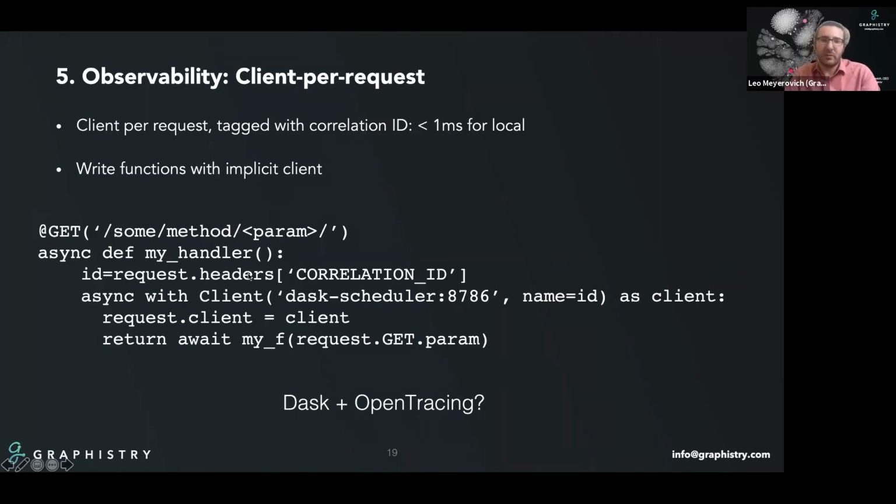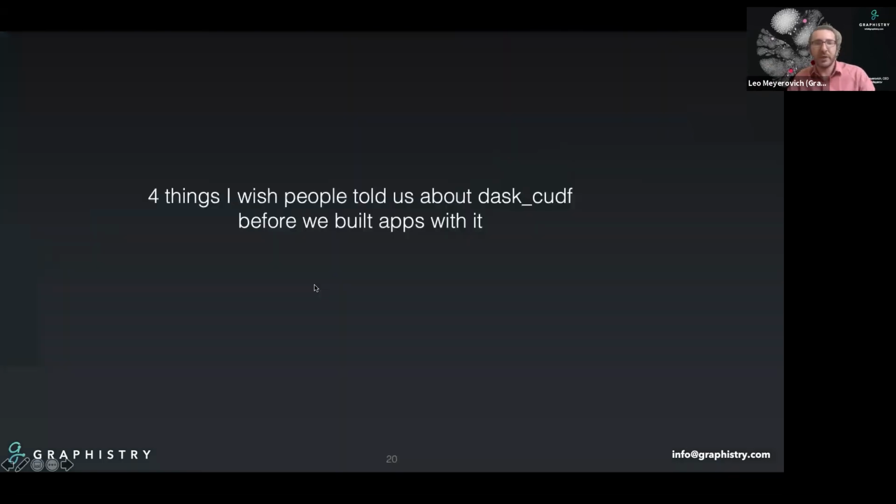So for that, you can actually name your Dask clients, so we can put our request ID as part of the client session, and then add that to our tracing stack. We'd still love to go a bit further here by combining Dask with something like OpenTracing to do end-to-end application monitoring. But I did want to point out that the HPC world of Dask is starting to collide with the rest of the software world, and I think this might be one of those useful pieces.